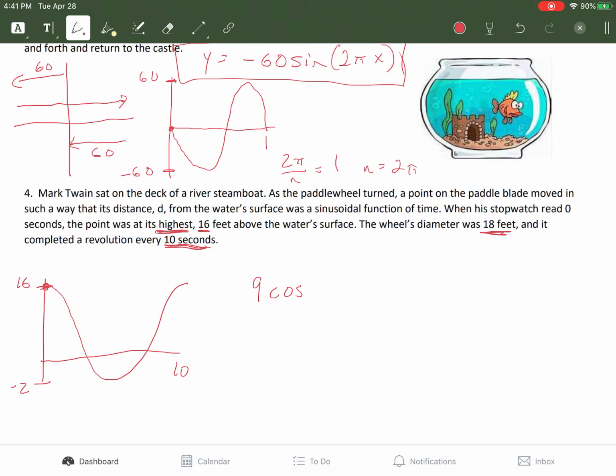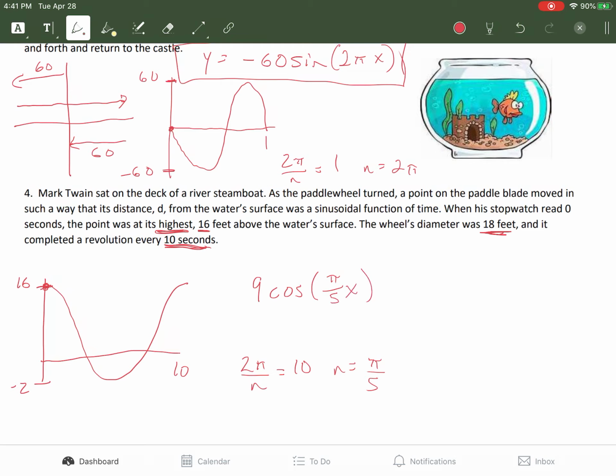Then we have to figure out the period. So we have 2 pi divided by n is equal to the period, which is 10 seconds. So we multiply by n and then divide 2 pi by 10, which gives us pi over 5. So we put pi over 5 right here, times x.